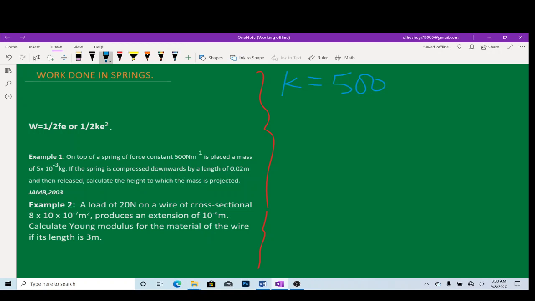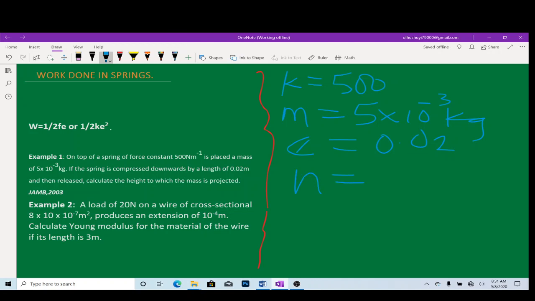It's placed on a mass of 5 times 10 raised to the power minus 3 kilograms, compressed by an extension of length. That is an extension. The extension is 0.02. And then released.